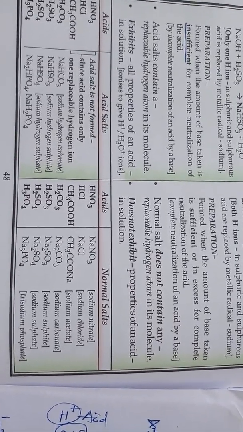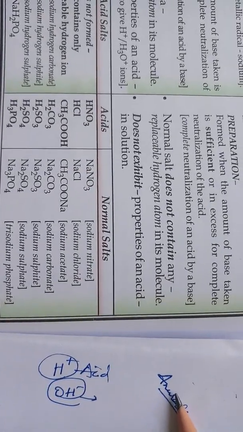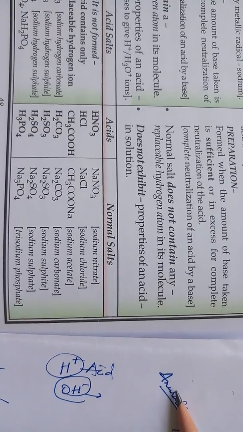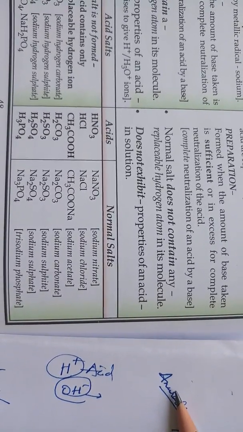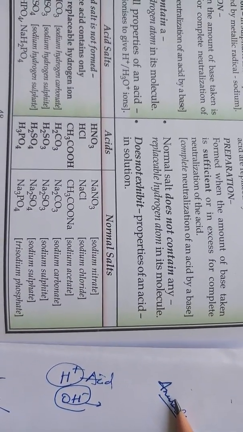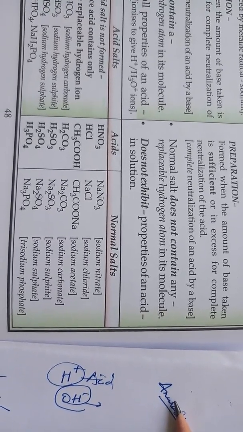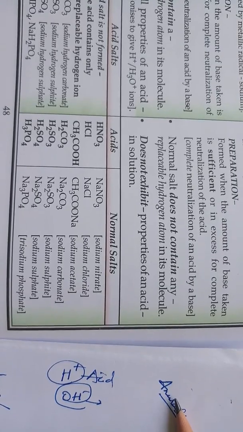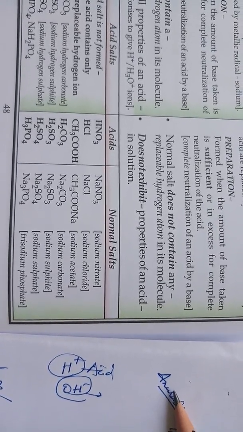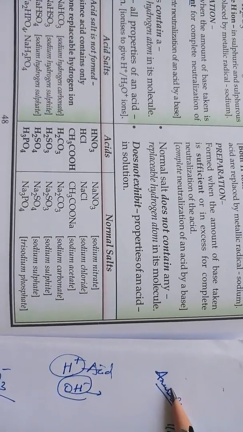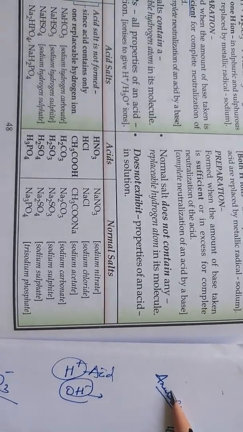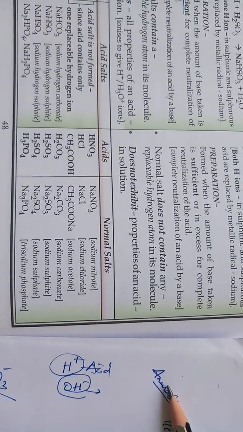On the other side, HNO3, HCl, acetic acid give normal salt because they have only one hydrogen ion. It replaces and gives away the positive ion, right? Whereas carbonic, sulfuric and phosphoric acid give normal salt after two steps because they have two hydrogen ions. It says H2, so after two steps you can have normal salt, right?